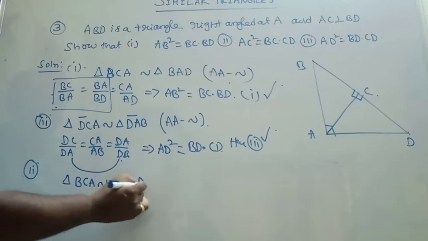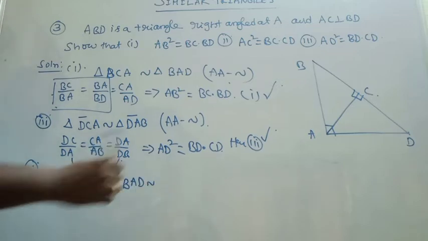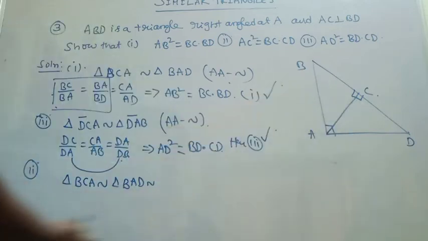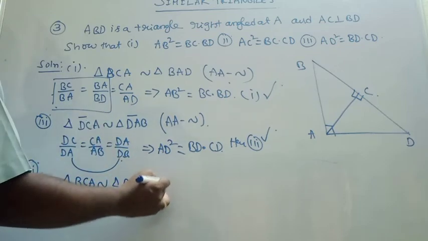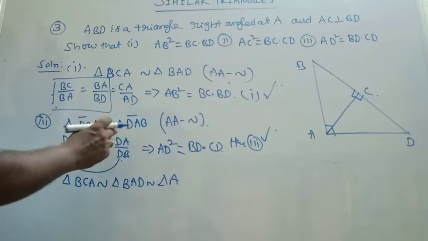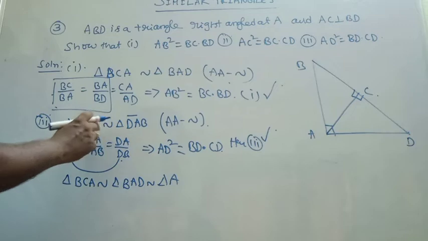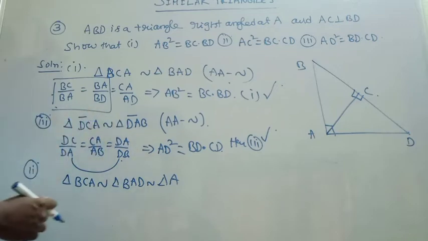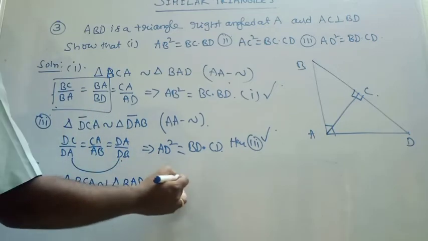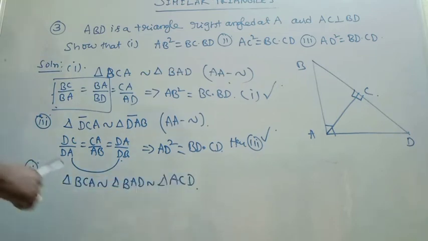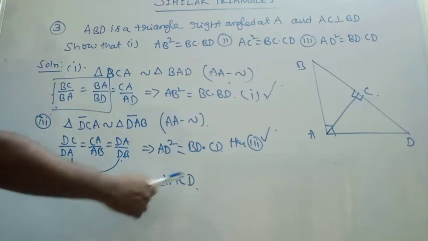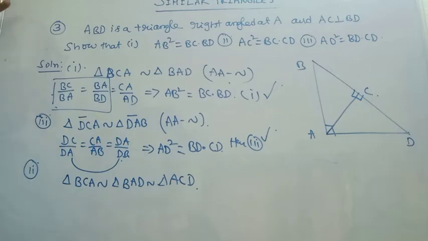And this BAD is similar to what? Triangle ACD. Triangle BCA is similar to triangle BAD, which is similar to triangle ACD.